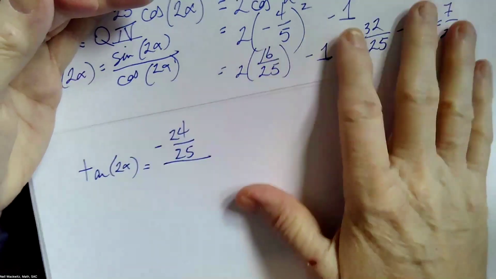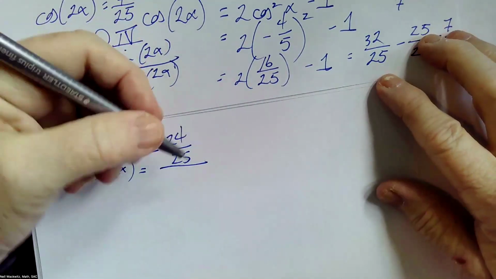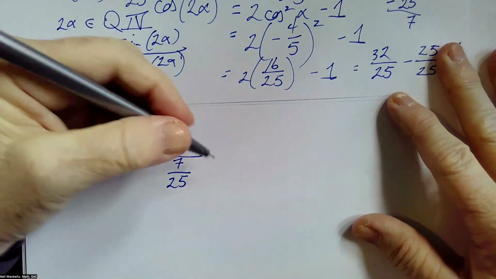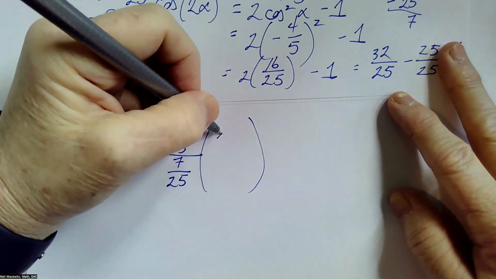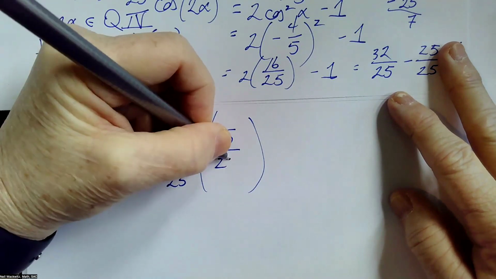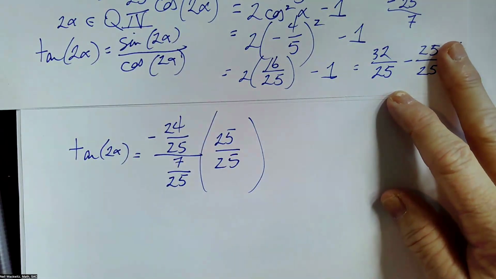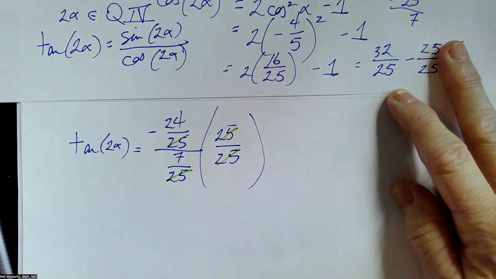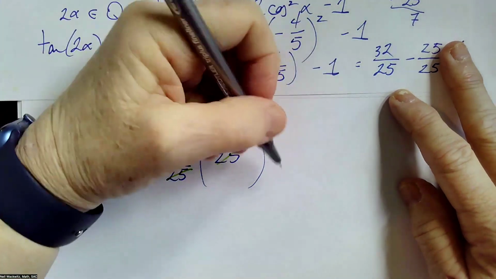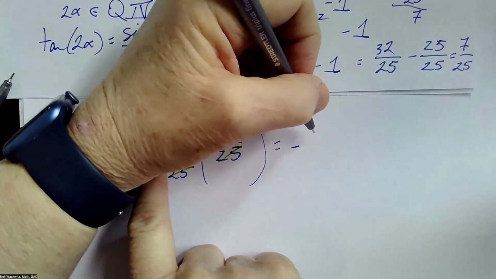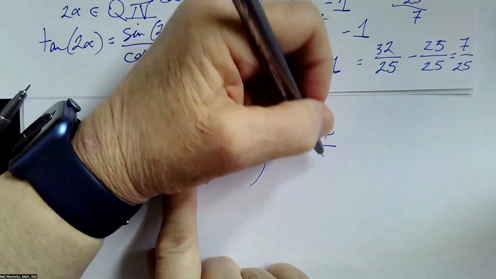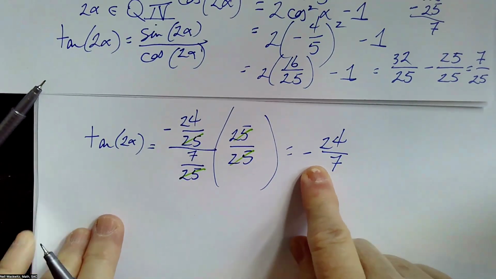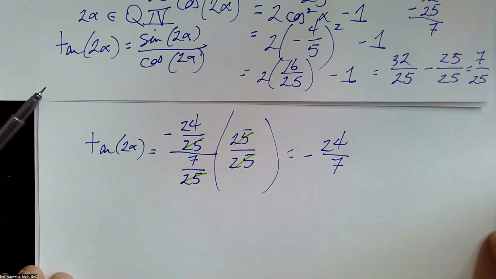The cosine of 2 alpha is 7 over 25. And if we multiply by 25 over 25, we see that these inside denominators go away, and we're left with -24 over 7. So yes, indeed, the tangent is negative, which it should be in quadrant 4.